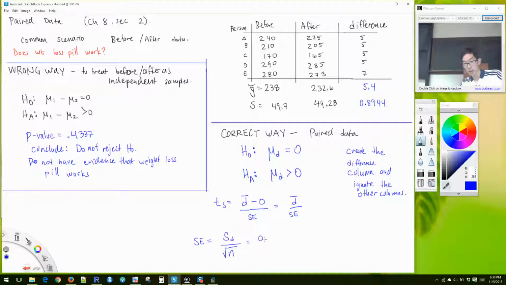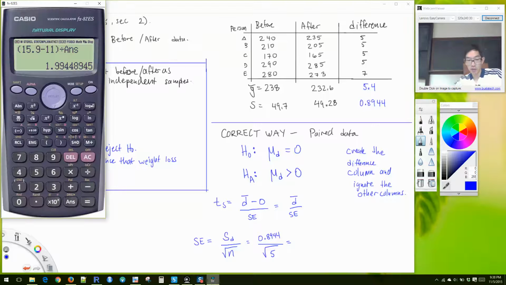So here we would have 0.8944 divided by the square root of 5. So the standard error here is 0.8944 divided by the square root of 5, and I would get basically 0.4 here.